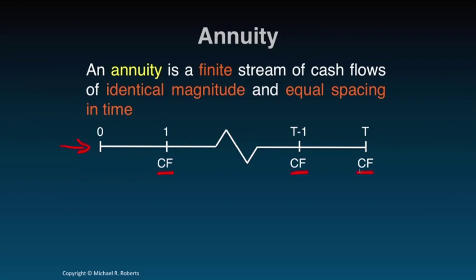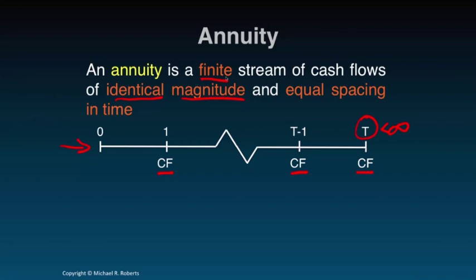All of these cash flows are the same number. Secondly, this is a finite stream of cash flows. It ends at some point in time. That might seem like an unnecessary or obvious assumption, but you'll see that we'll deal with infinite cash flow streams in a little bit.